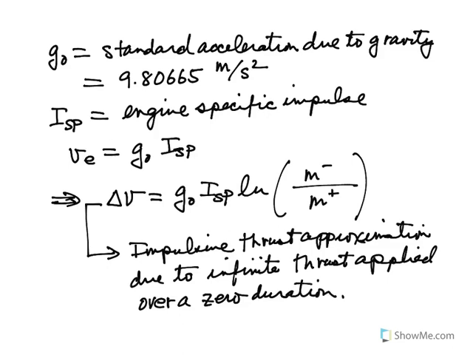Now, that basically takes us to the end of this lecture because we've done three things. We derived the differential equation of motion. We then solved the differential equation assuming rectilinear motion and wound up with the rocket equation. And then, after we wound up with the rocket equation, we made the impulsive thrust approximation, which was infinite thrust over zero time, which led us to this last result, which says that mass changes instantaneously due to the fact that velocity changes instantaneously.